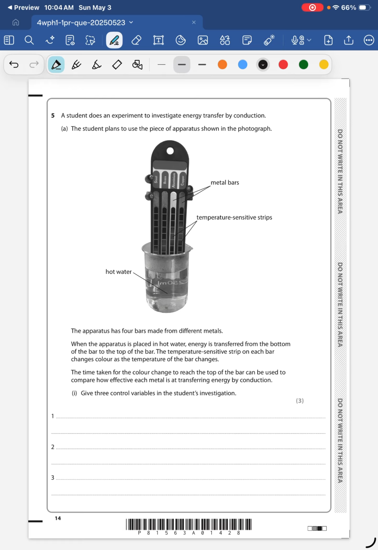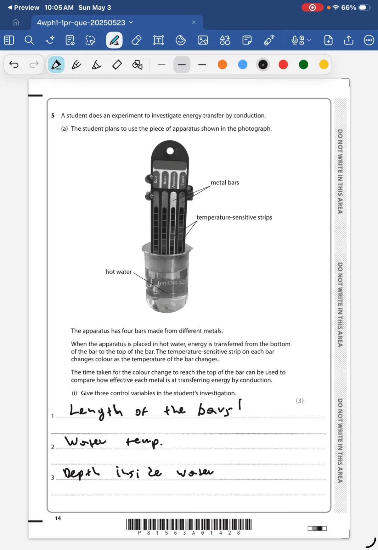Give 3 control variables in the student's investigation. So we can write the length of the bars. They have to be equal, I guess. The water temperature, the depth inside water, where you place these bars, okay?